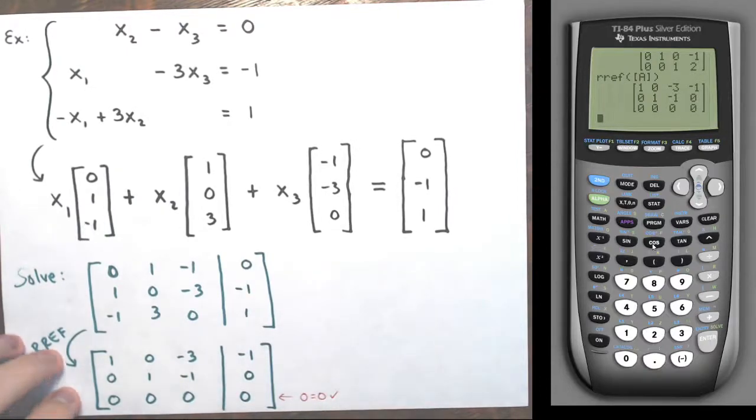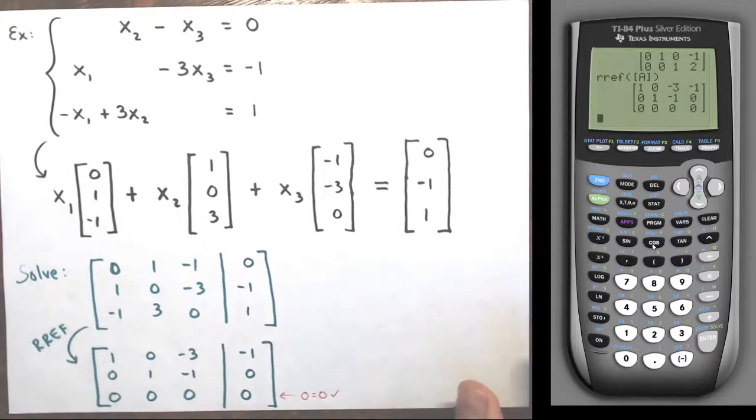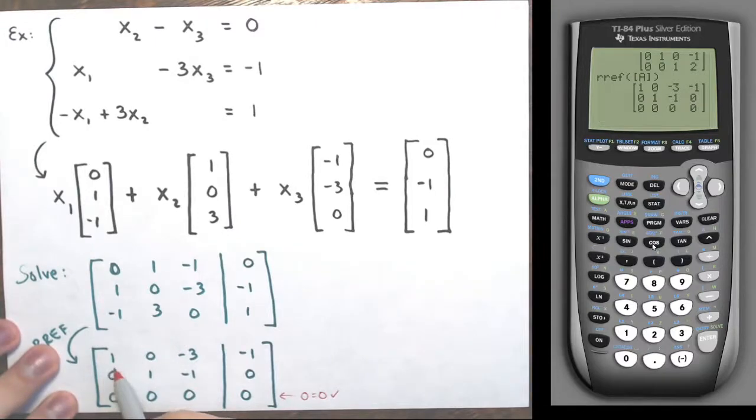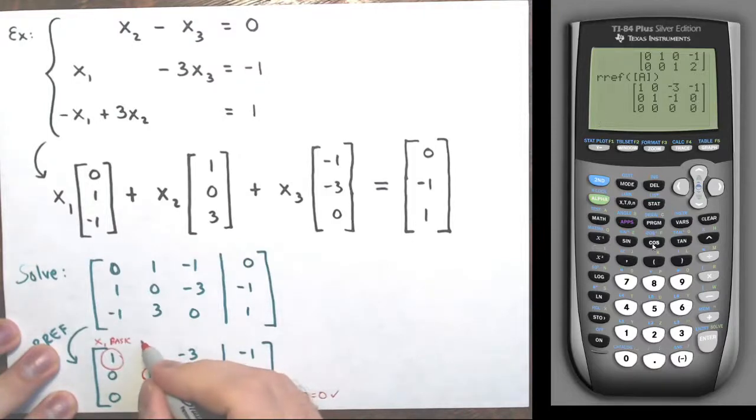That's all right. Remember, that's fine. You can ignore that. That's always true. So this is another one of those where the first column is a pivot column, so x1 is basic. The second column has a pivot, right? The first non-zero entry is a 1 in the second column. So x2 is basic as well.